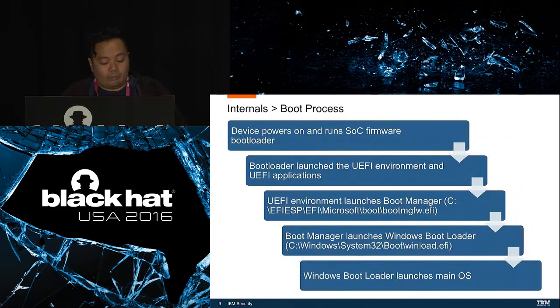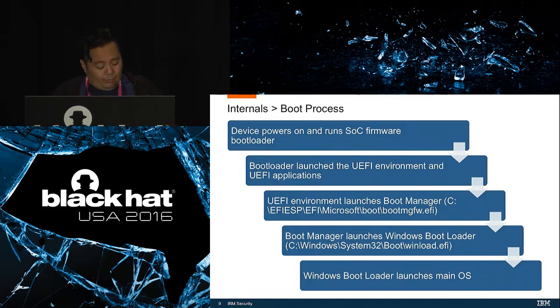So next we'll talk about the boot process quickly. This is a high-level illustration of how the boot process works in a Windows 10 IoT Core device. First, the device powers on and runs the system-on-chip firmware bootloader. Then this bootloader will launch the UEFI environment and the applications, if there are any.